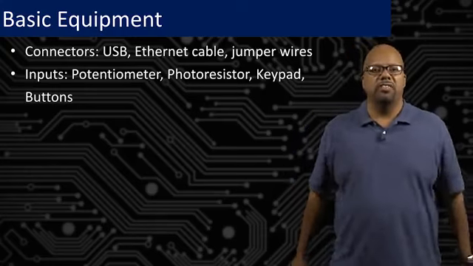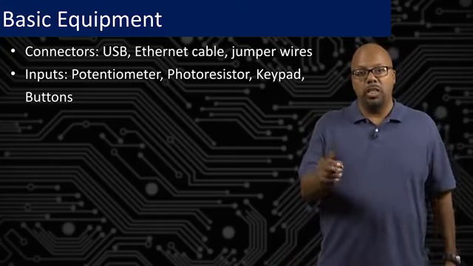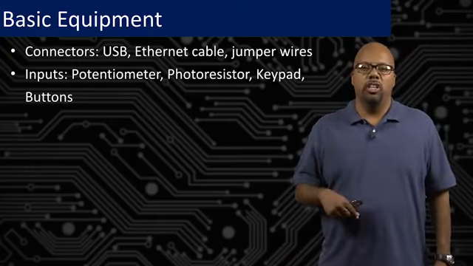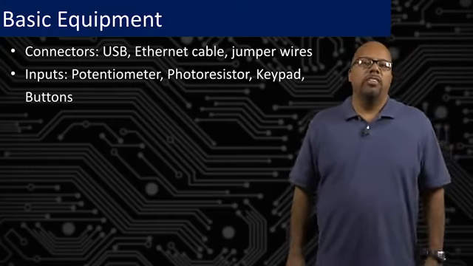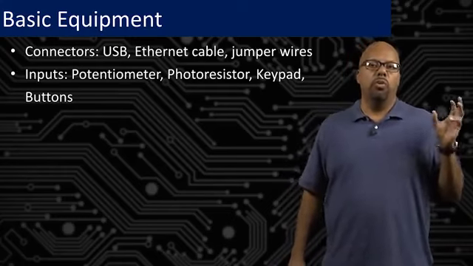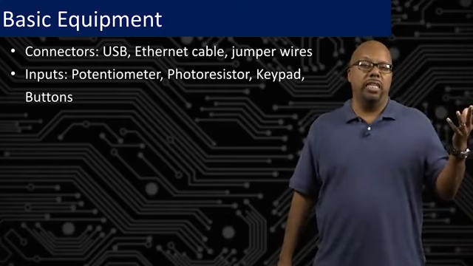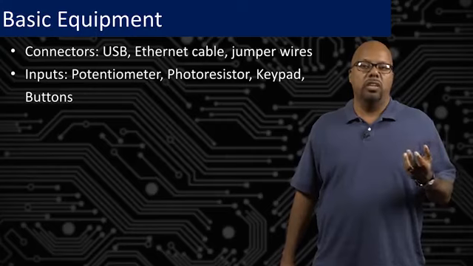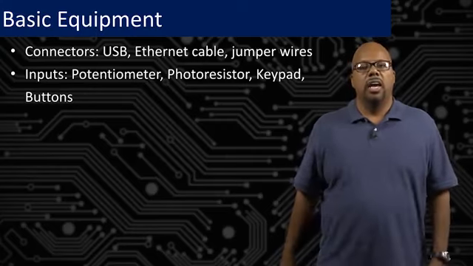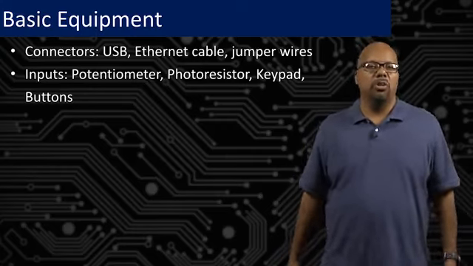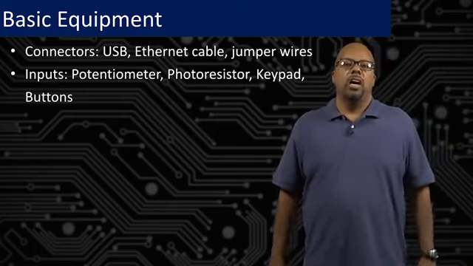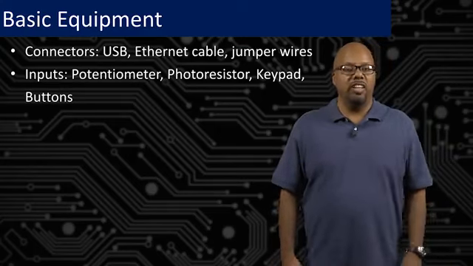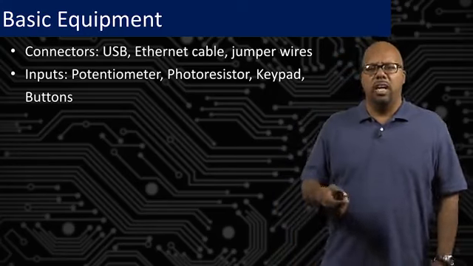So if you want to implement a volume knob or something like that, you can use a potentiometer and sense how much is turned. Photoresistor, that's something that senses brightness. The brightness of the light will change the resistance on a certain resistor, and you can sense that. Keypad, that's another common component, just a bunch of buttons put together. Buttons, individual buttons, that's another common piece of equipment, and we'll have some of these.